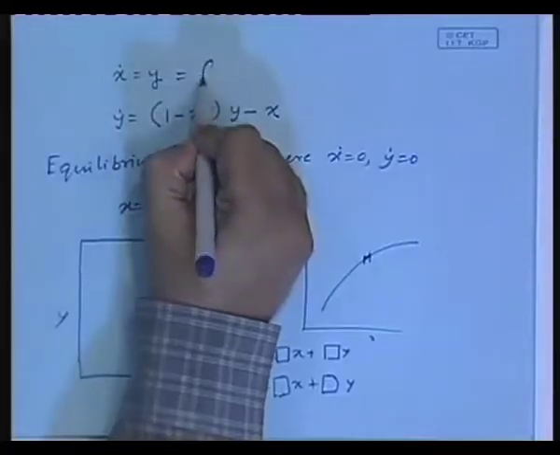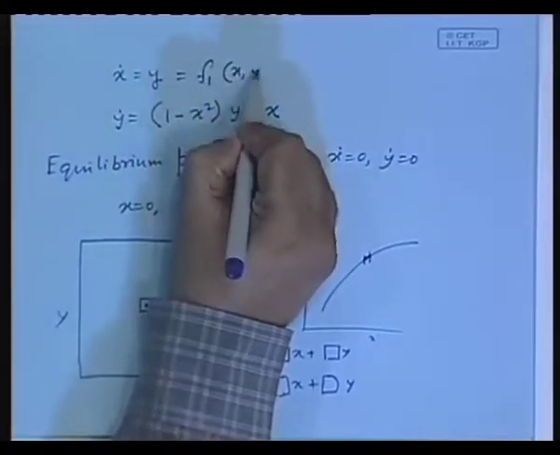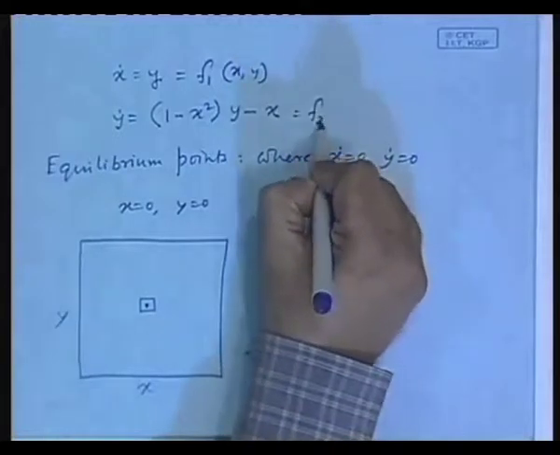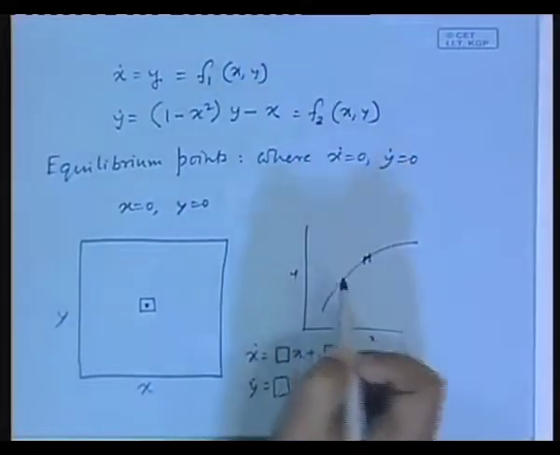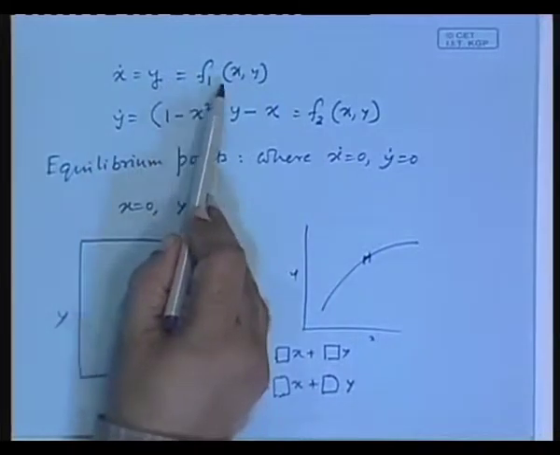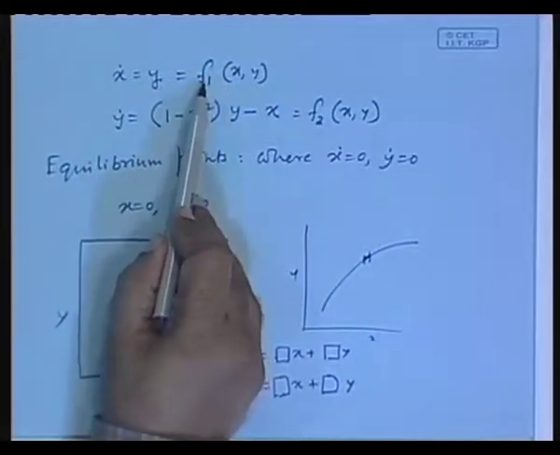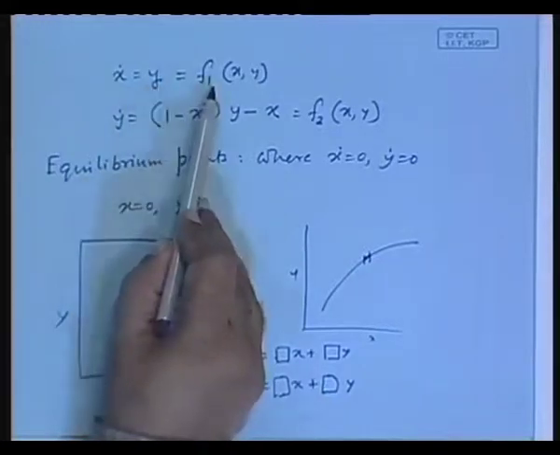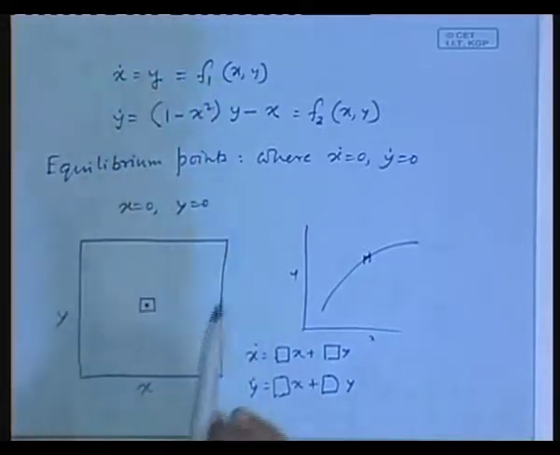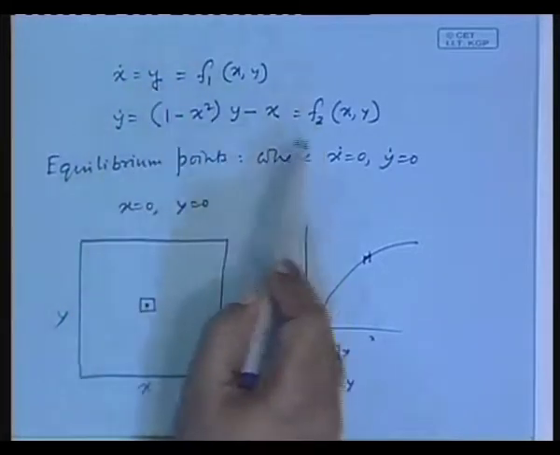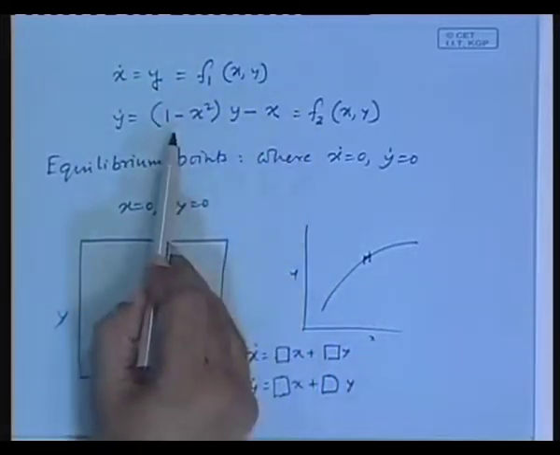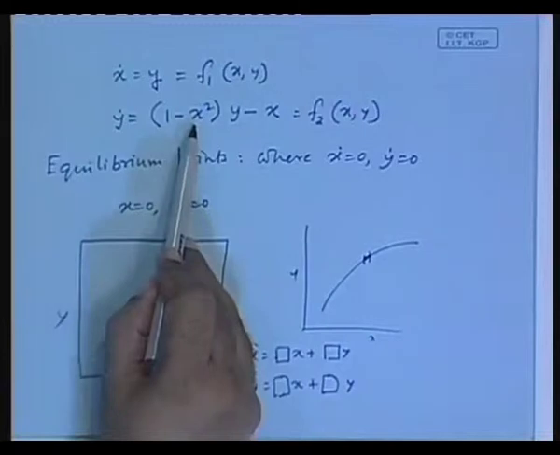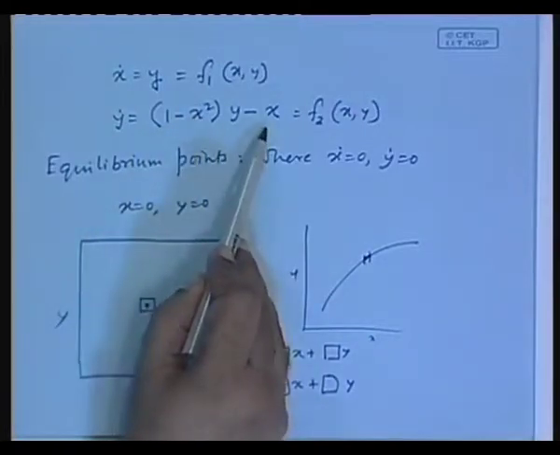So, we will say this is f1 of xy and this is f2 of xy. So, the derivative of f1 with respect to x is 0, derivative of f1 with respect to y is 1 because it is only y, derivative of f2 with respect to x is minus twice xy minus 1.